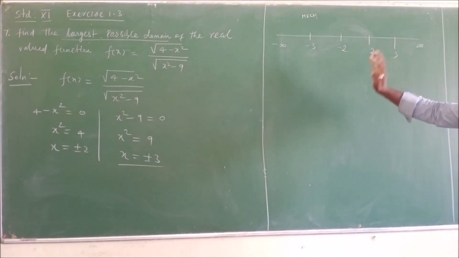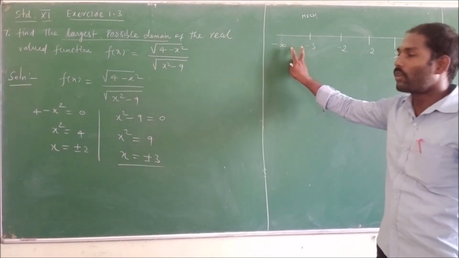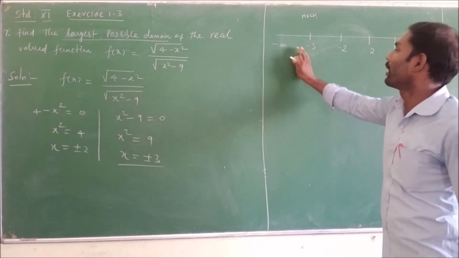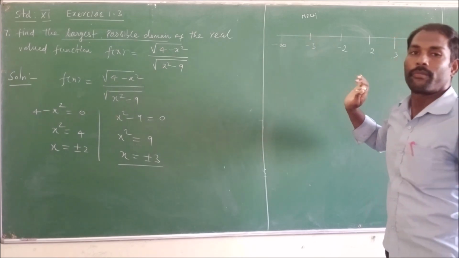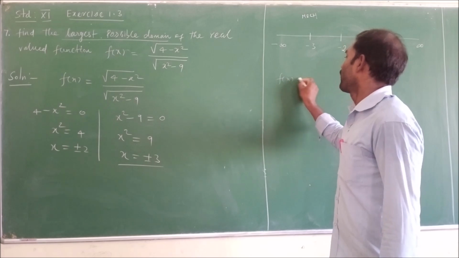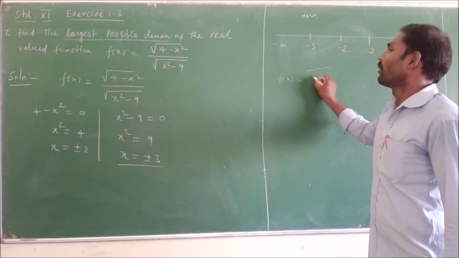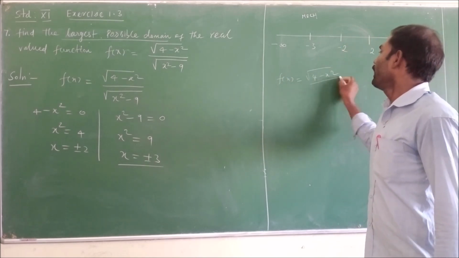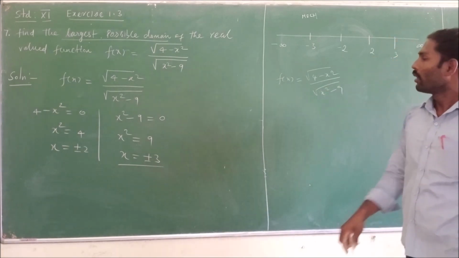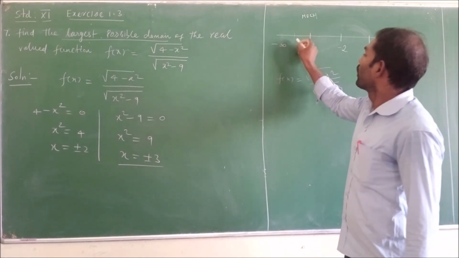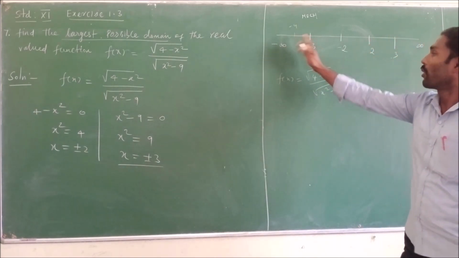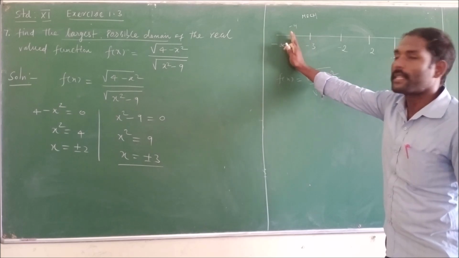To check the interval, we take any number from minus 3 to minus infinity. Clear that? f of x equals root of 4 minus x square by root of x square minus 9. Take minus 4 in this interval, like minus 3, minus 4, minus 5.